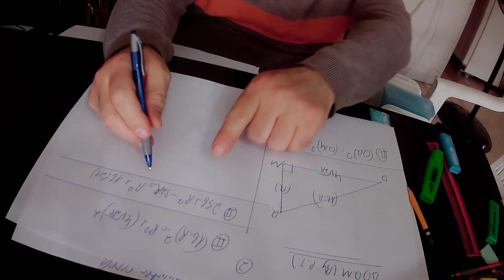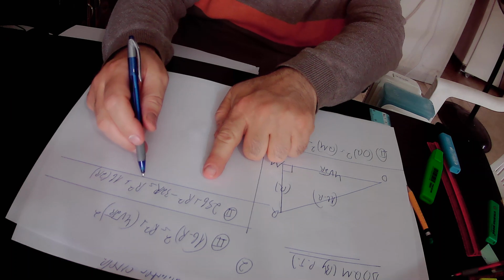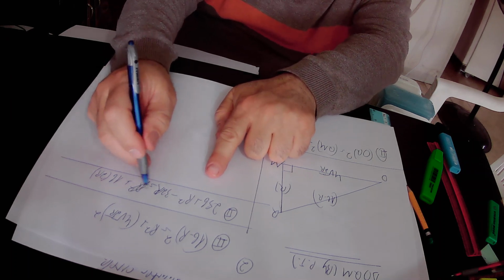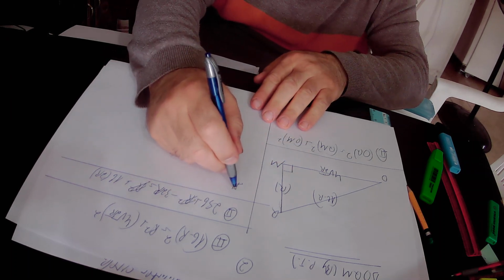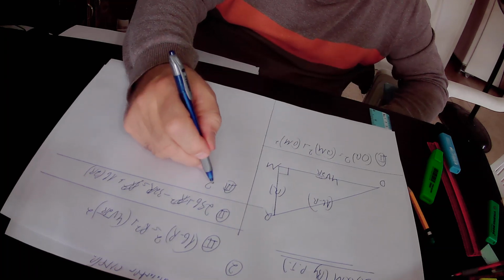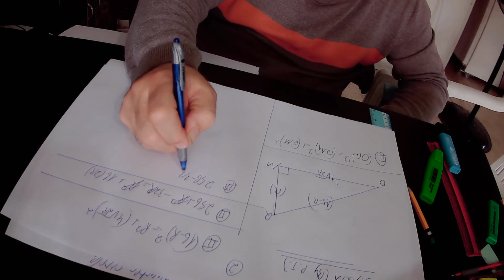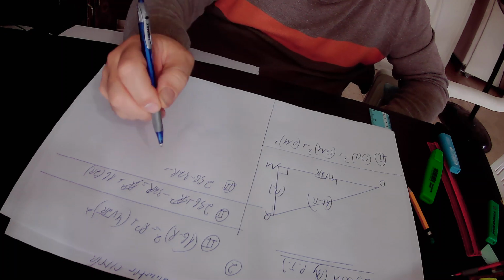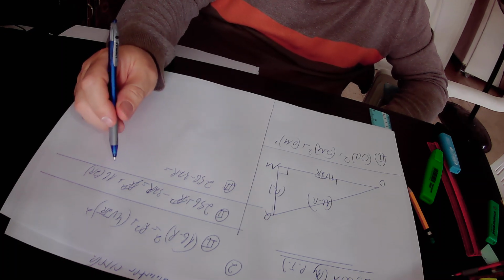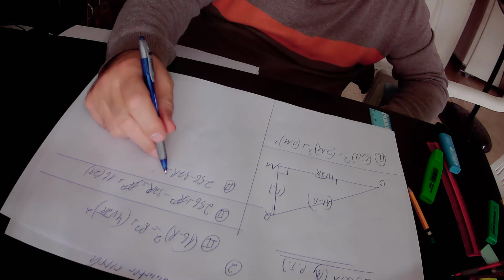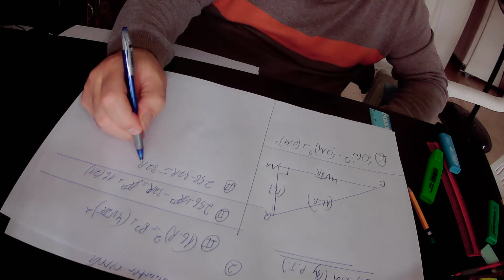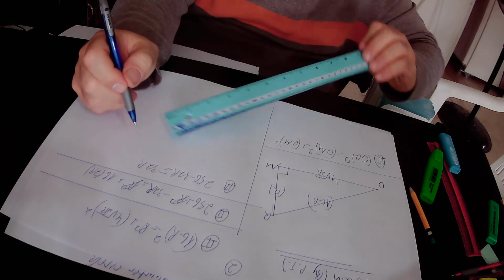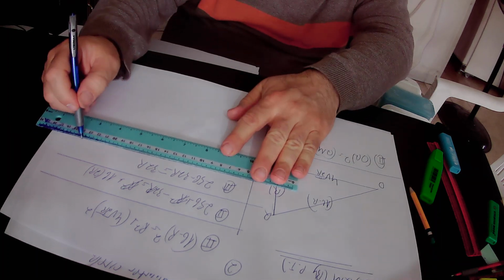So we have R squared on both sides of this equation, and R squared gets cancelled. On one side we are left with 256 minus 32R, and on the other side with 16 times 2R, which is 32R. So 256 minus 32R equals 32R.